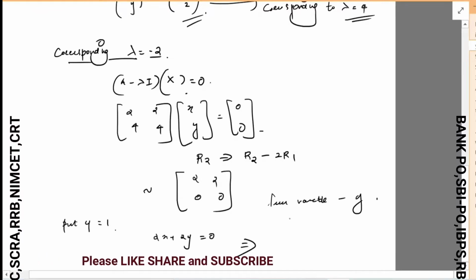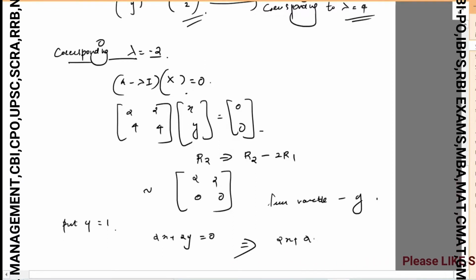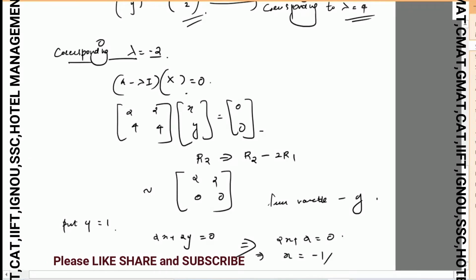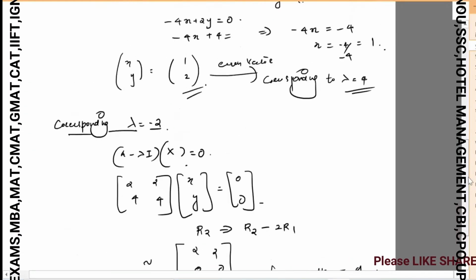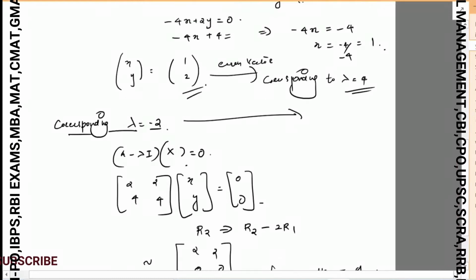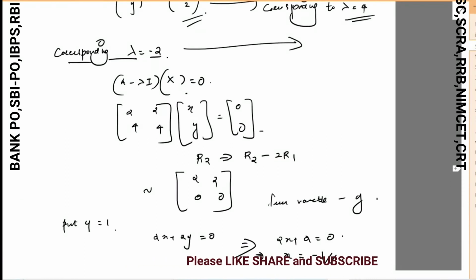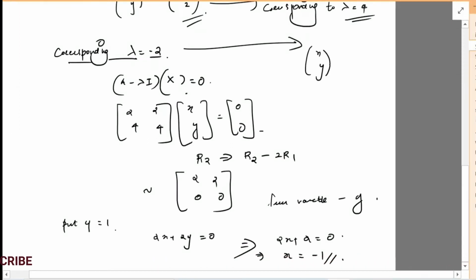That implies 2x plus 4 into 1 equal to 0, which implies x equal to minus 2. So we got the value of x. So what is the eigenvector corresponding to lambda equal to minus 2? It is the vector (x, y) equal to (minus 1, 1).